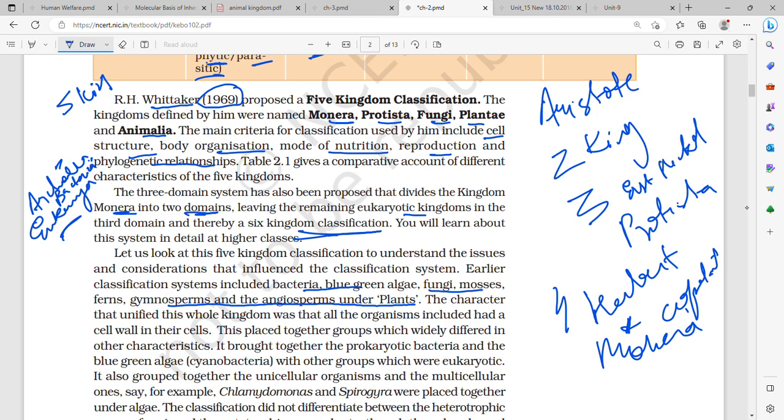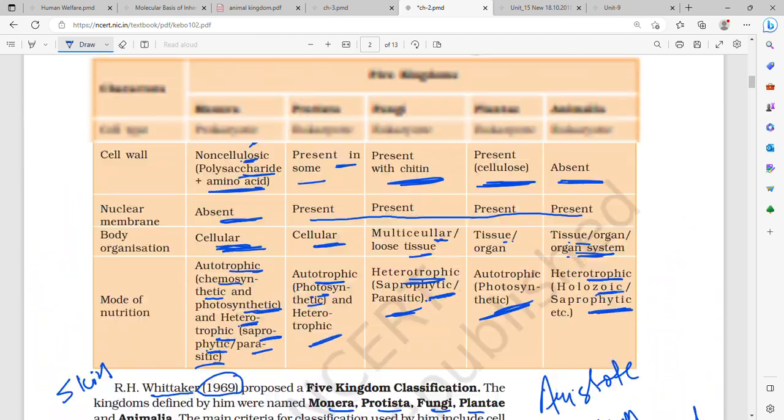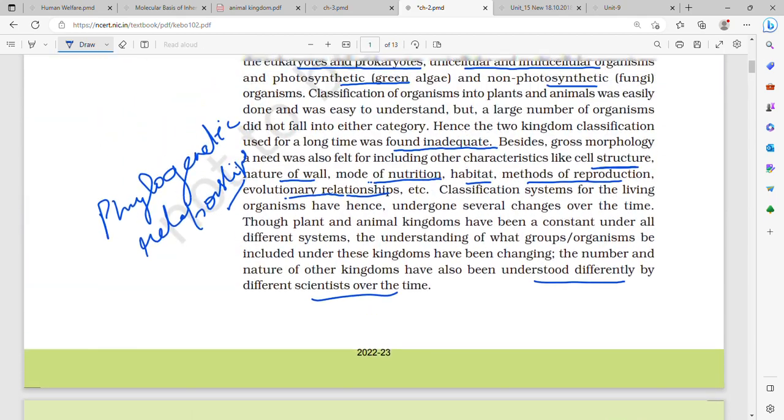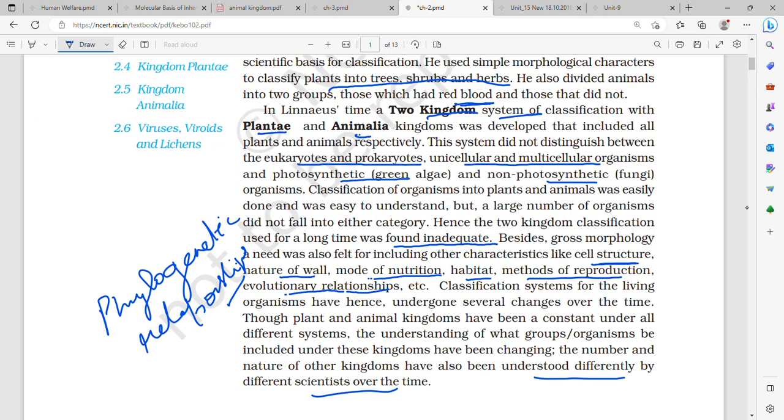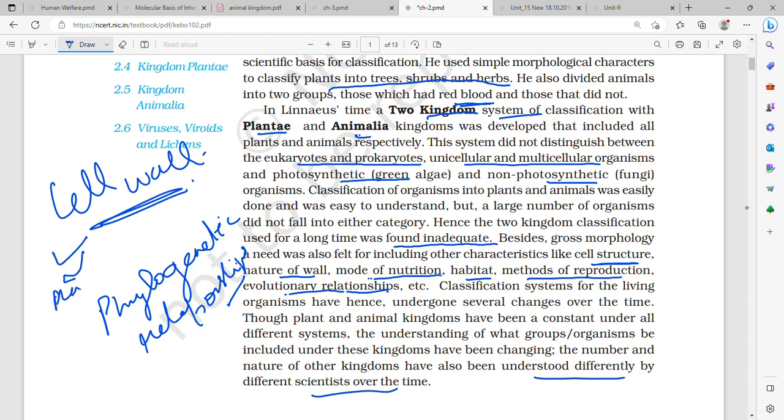The character that unified this whole kingdom was that all organisms had a cell wall in their cells. So in the two kingdom classification, Carolus Linnaeus based it on the presence of cell wall. All those which had a cell wall were put in plants, and all those which did not have a cell wall were put in animals.